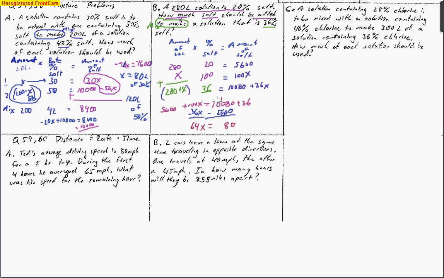Borrow all the way back from the 10, change it to a 9. This is a 10, so we end up with 4 and a 4. So 64 into 4,480, we do the division, and we end up with x equaling 70. So 70 liters of salt is what's needed.